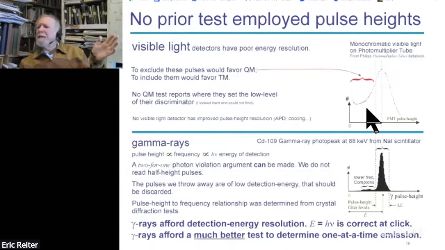So you need to have the energy resolution that you have with gamma rays. And so you have a narrow extension of most of the detector clicks where you can make the energy budget to show the 2-for-1 effect.